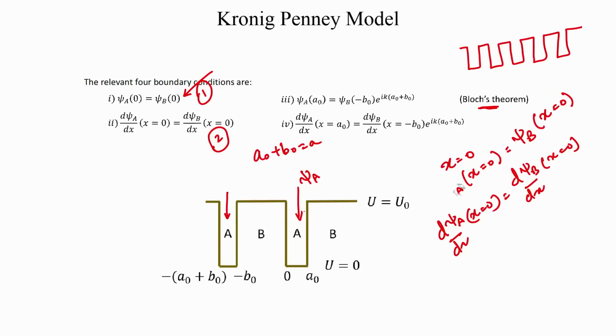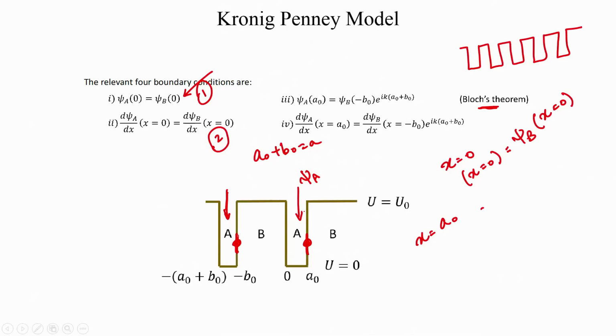What Bloch's theorem tells us is, let's take the value of the wave function at this point, at x equal to a naught. Now this edge and this edge are twins, and therefore the value of the wave function at this point and the value of the wave function of this box at this point must have the same amplitude.